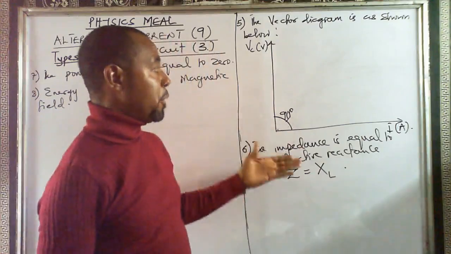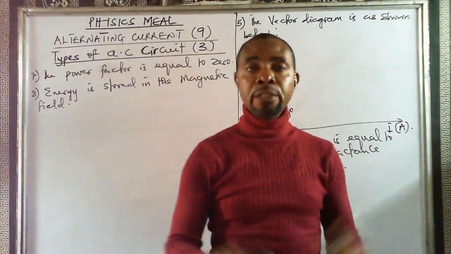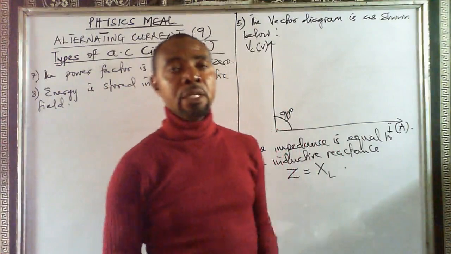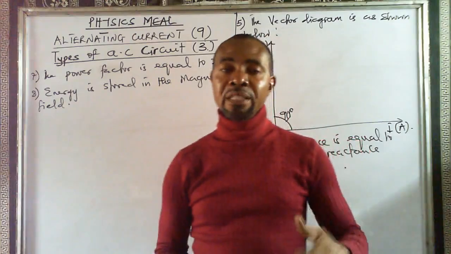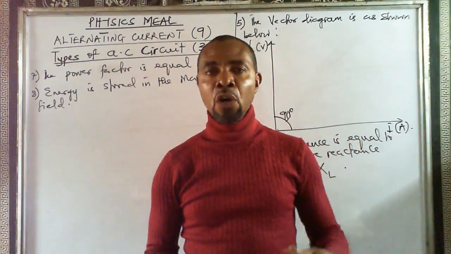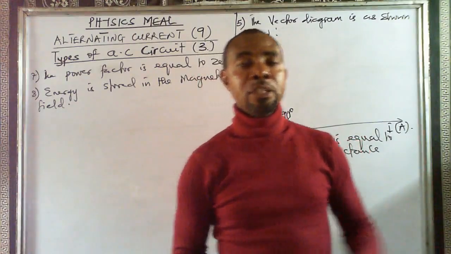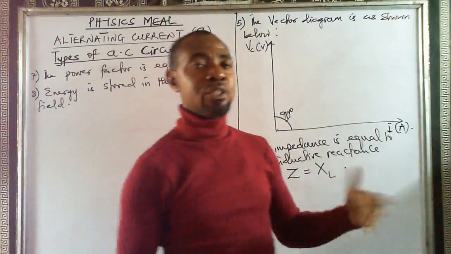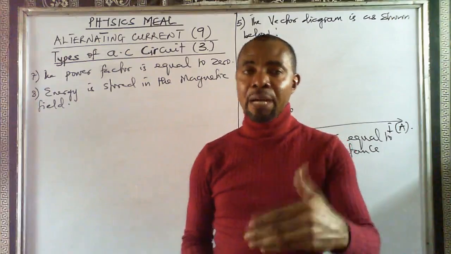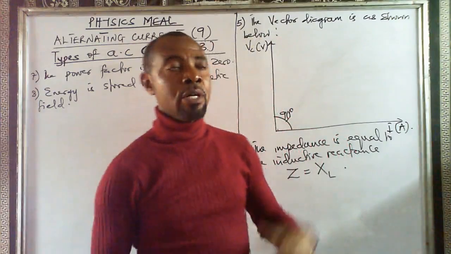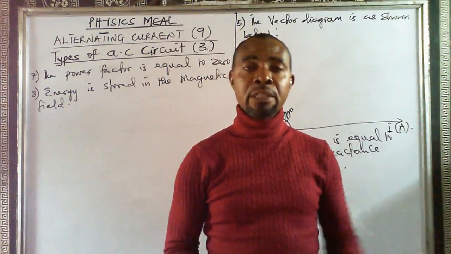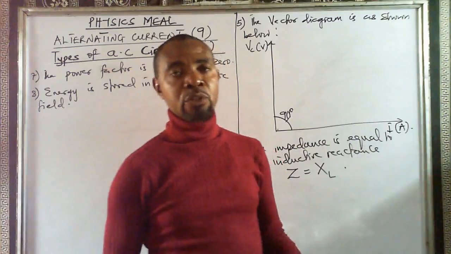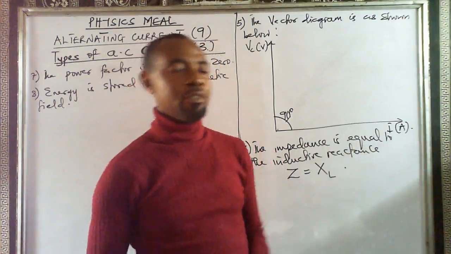And then in a pure inductive circuit, energy storage is in the magnetic field, as a result of the inductance of the inductor. The storage in the electric field is as a result of the capacitance of the capacitor. The dissipation of heat in a pure resistive circuit is as a result of the resistance of the resistor.